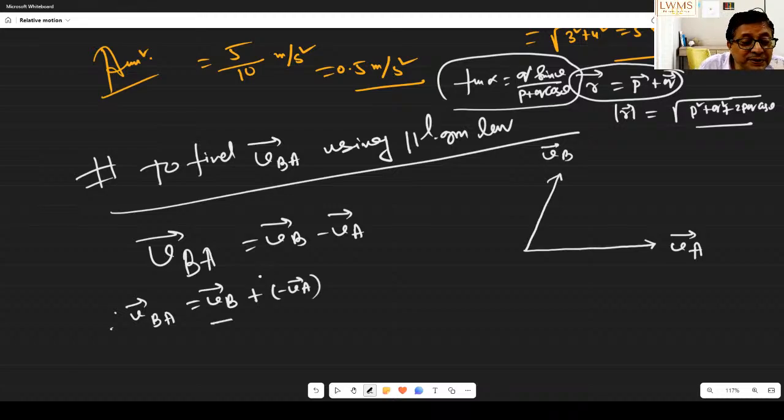Now we have to find VB plus minus VA. Minus VA is not there, it is VA. So we have to get minus VA. What will I do? We add minus VA to this.